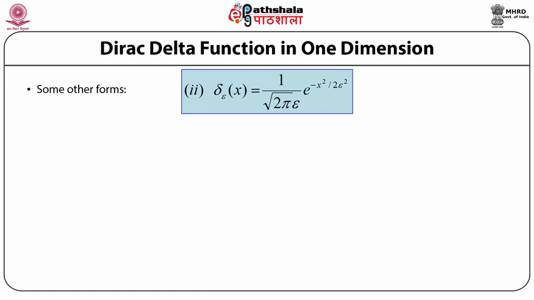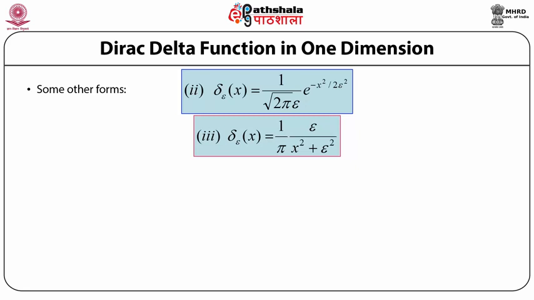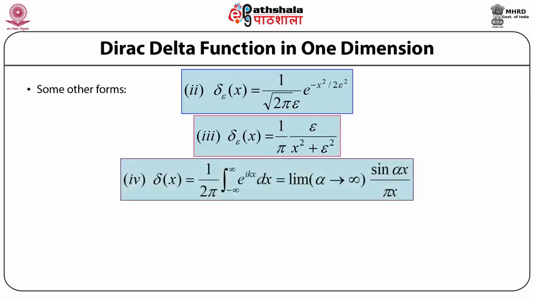Another form is delta subscript epsilon of x equal to 1 upon pi times epsilon upon x square plus epsilon square. Yet another form can be written as delta of x equal to 1 upon 2 pi times the integral over dk of e to the power i k x with limits from minus infinity to plus infinity.